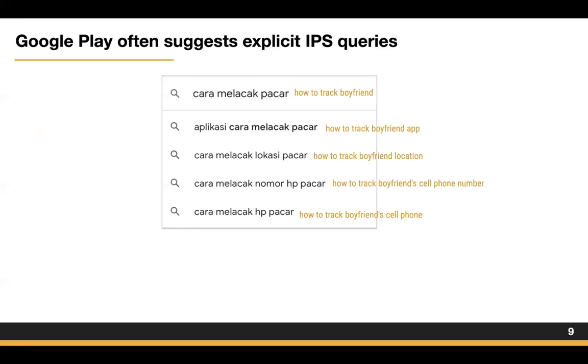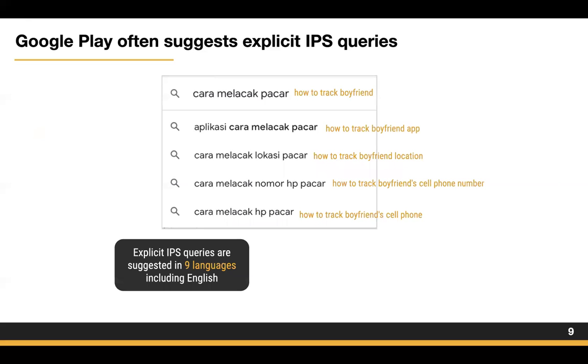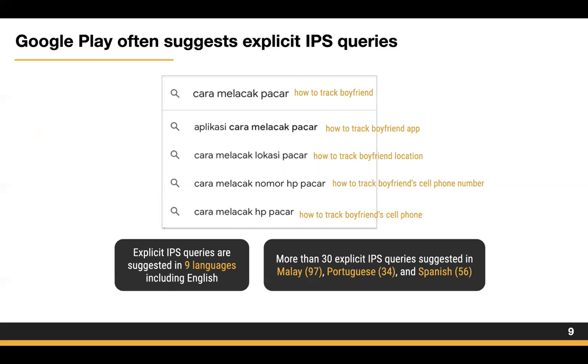We found that Play Store suggests explicit queries in 9 languages, including English. For Malay, Portuguese, and Spanish, the store suggested more than 30 explicit IPS queries. Malay had the highest number of IPS queries. We found 97 IPS queries in total in Malay.